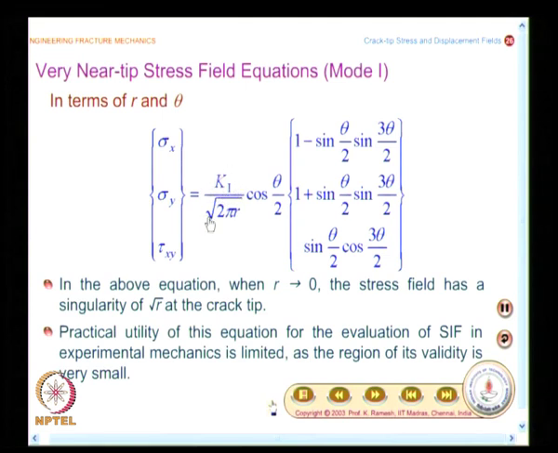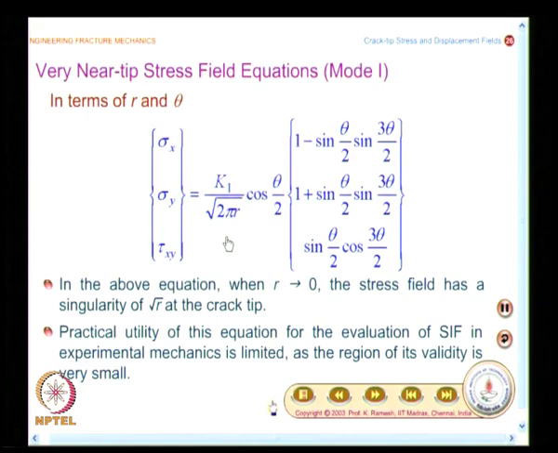And another one is when r goes to 0, these values reach infinity, and you have 1 by root r, and the singularity is known as root r singularity in fracture mechanics literature.